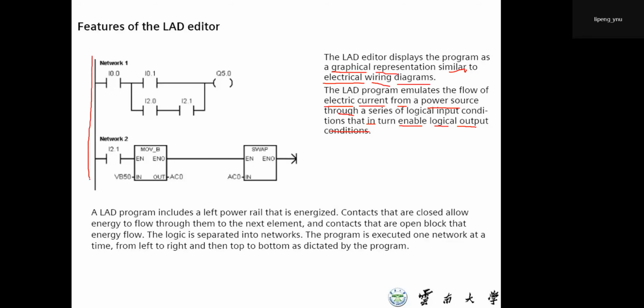This is the left power rail. It is energized. Contacts that are closed allow energy to flow through them to the next element, and contacts that are open block that energy flow.